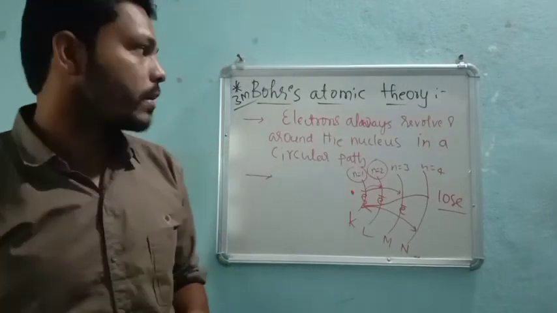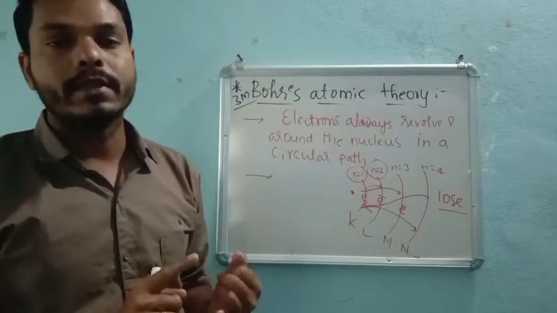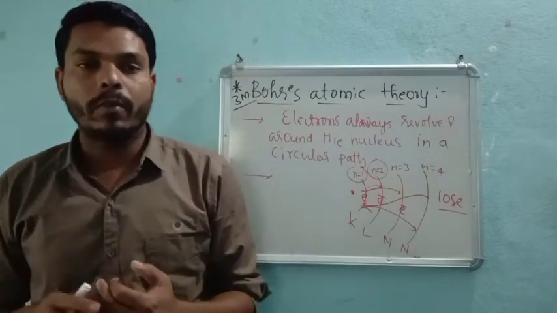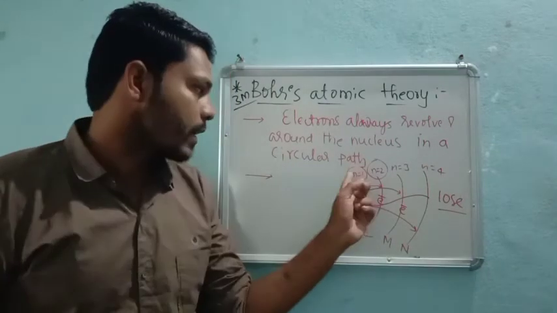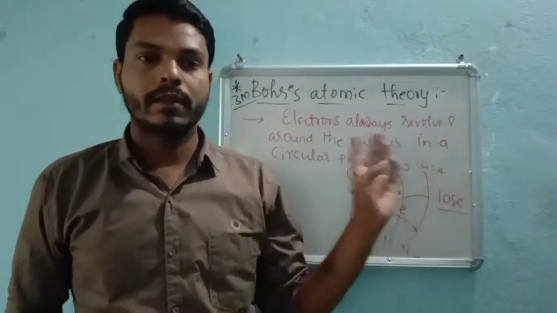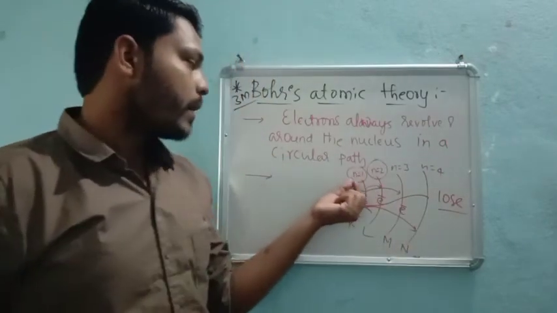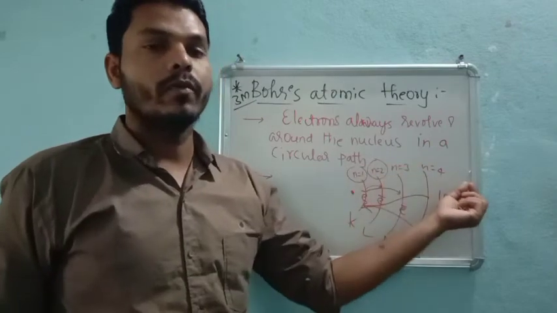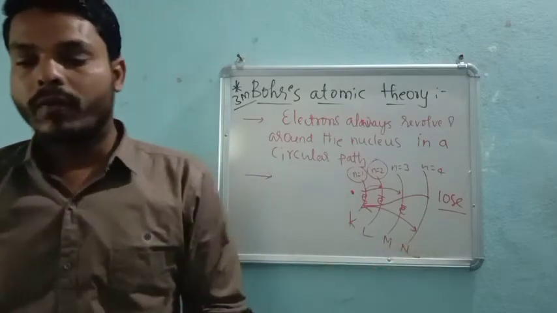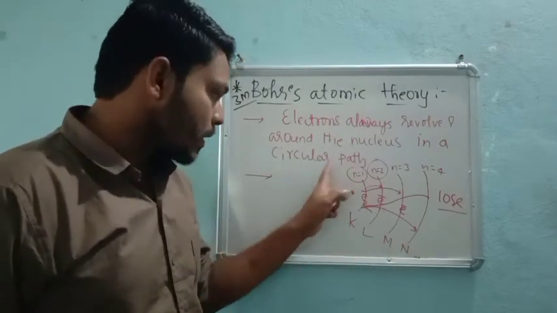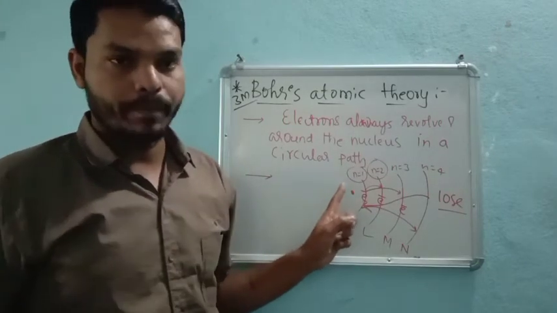I repeat, dear student, the first point is that the electron always revolves around the nucleus in a circular path. Each orbit is associated with an amount of energy called the energy level. Third point, the energy levels are represented with numbers n is equal to 1, 2, 3, 4, etc., and with the letters K, L, M and N. While the electron revolves in its particular path, it neither gains nor loses energy.